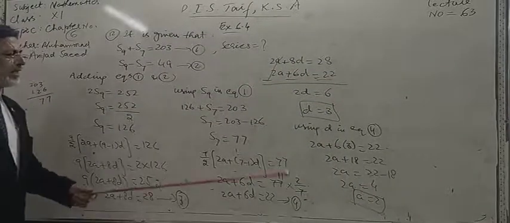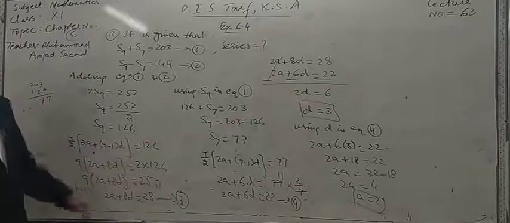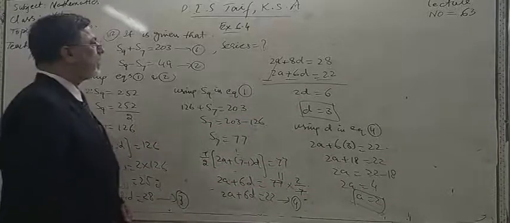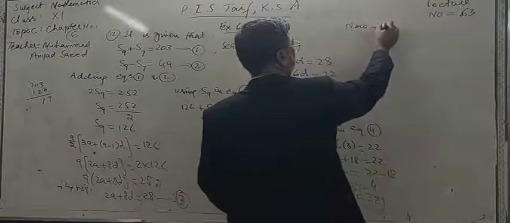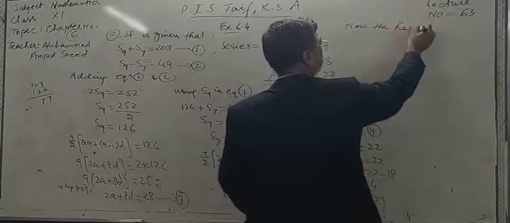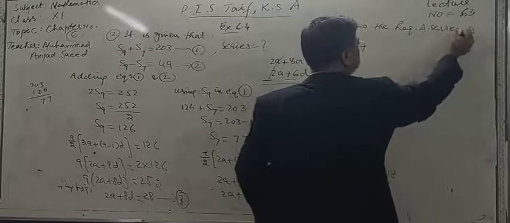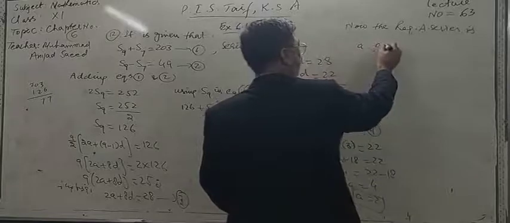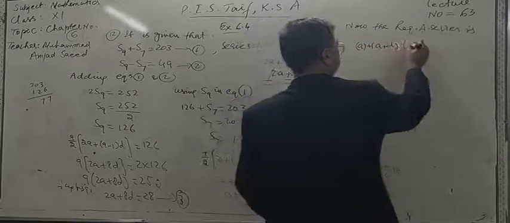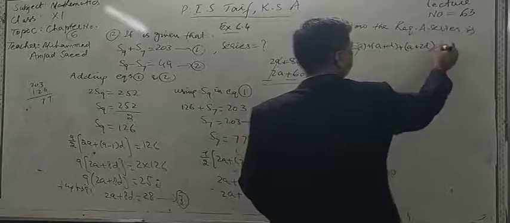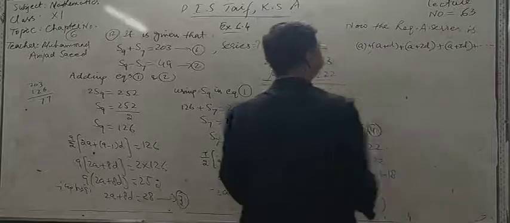Dear students, we have the value of a is 2 and the value of d is 3. Now the required arithmetic series is, what is an arithmetic series? a, a plus d, a plus 2d, a plus 3d, and so on.